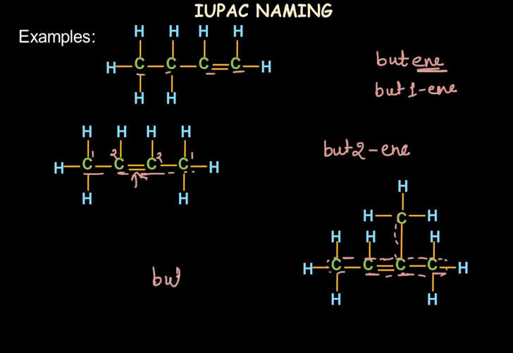So but-2-ene is the name. Now there is one more substituent group present carrying 1 carbon atom, so a methyl group. Now this methyl group also has to be numbered. The methyl group is present on the second carbon atom. So 2-methylbut-2-ene is the full name of this organic compound.